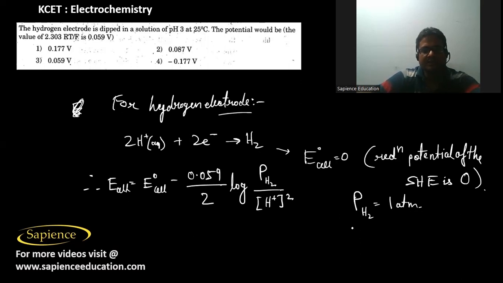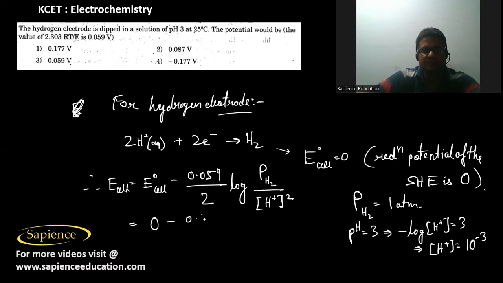Now pH value is told 3, it means that minus log of concentration of H plus equals 3. It means that the concentration of H plus will be equal to 10 power minus 3. So therefore that is 0 minus 0.059 divided by 2 into log of 1 by 10 power minus 3 whole square, which is 10 power minus 6. So this will come 10 power 6.